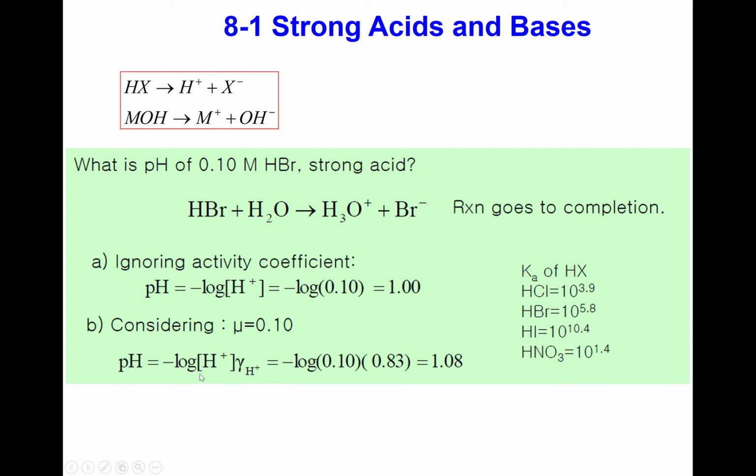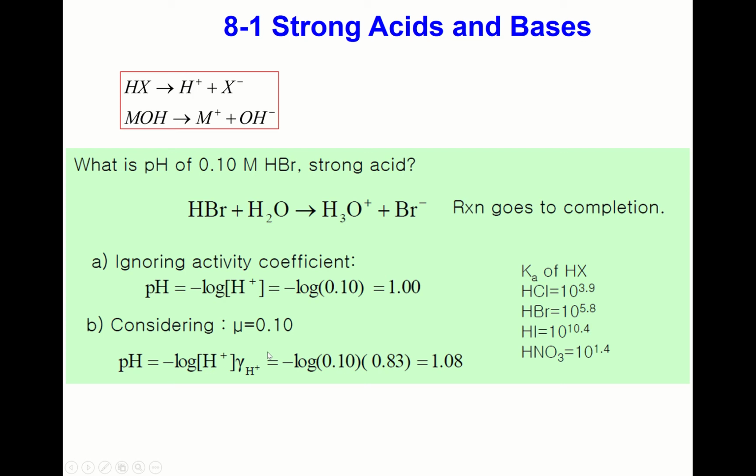Using activity, however, you get a different value for pH, which is 1.08. Well, this value is not much different from this one. So that's why people usually ignore the activity coefficients. Simply they assume that molarity is the same as the activity.